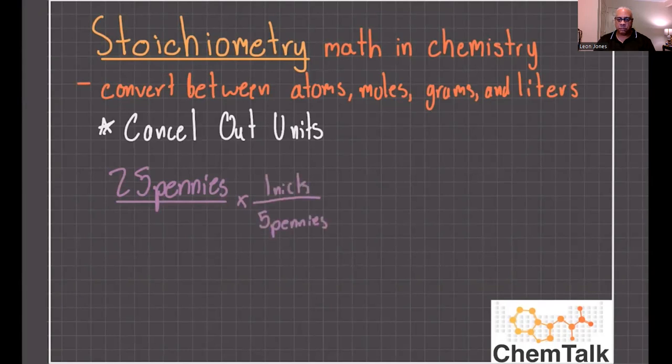So now we know for every 5 nickels, we have 1 quarter. We add in this conversion rate, putting the nickels on the bottom to cancel out with the nickels that we had on the top. We are now able to cancel out the units that we do have, pennies for pennies and nickel for nickel, leaving us with the unit that we wanted, the quarter.